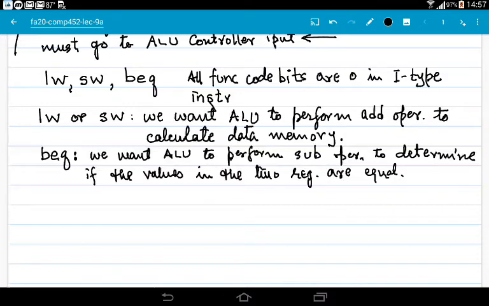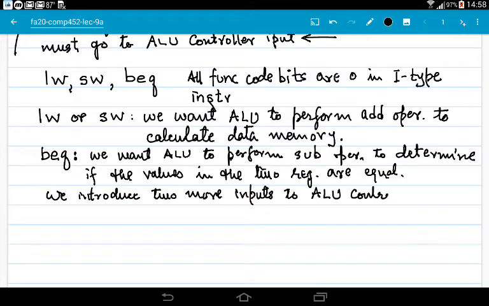Instead of having just one additional input, we introduce two additional inputs to the ALU controller, not the ALU.